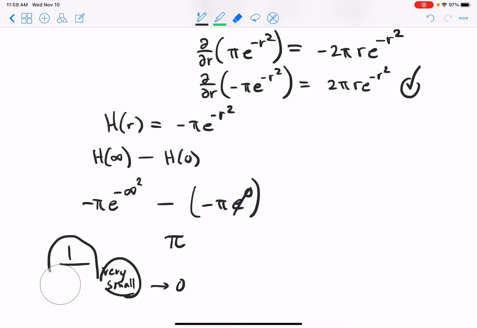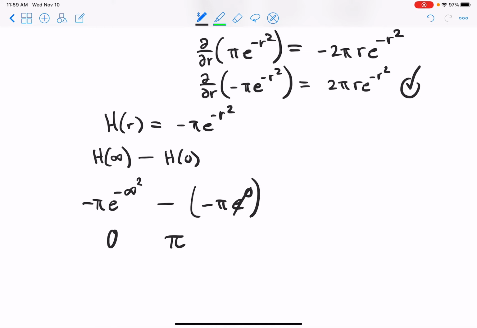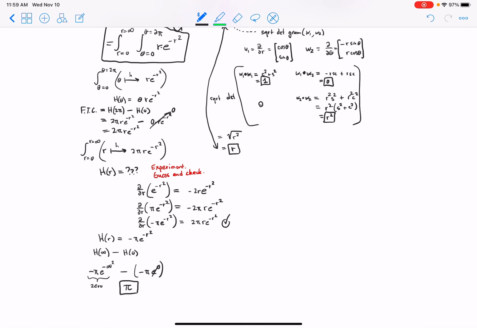And so actually this whole piece here is a 0. And then I get minus pi. 0 minus pi is pi. So my answer is pi. This piece becomes 0. All right, and that's it.